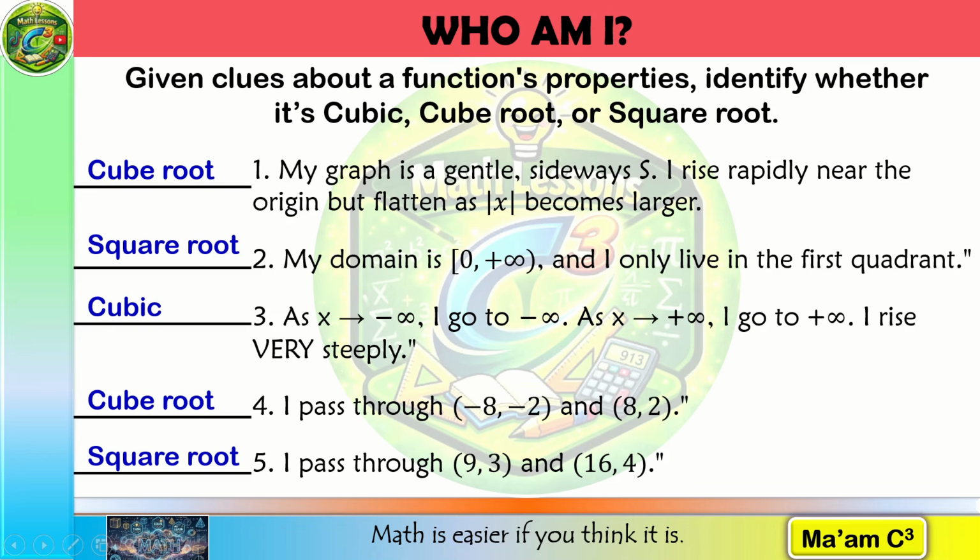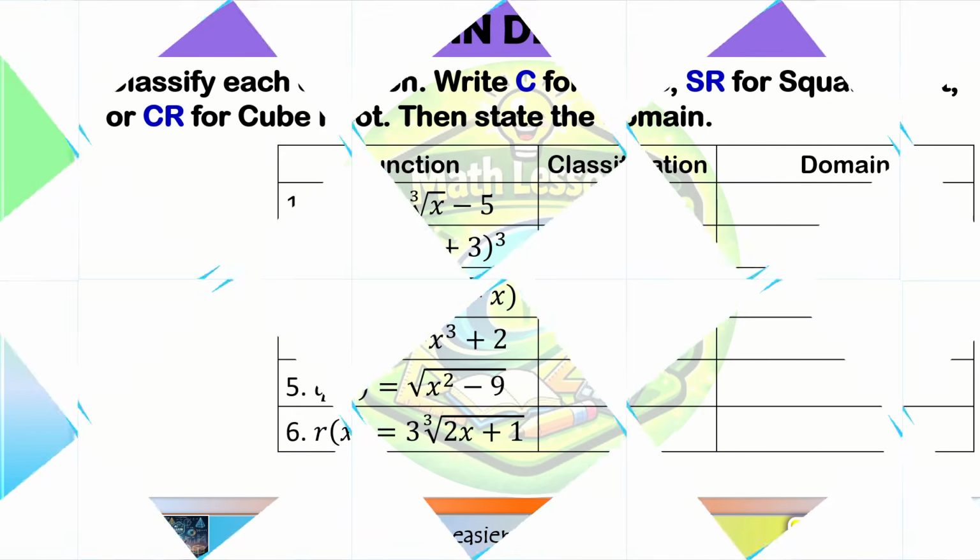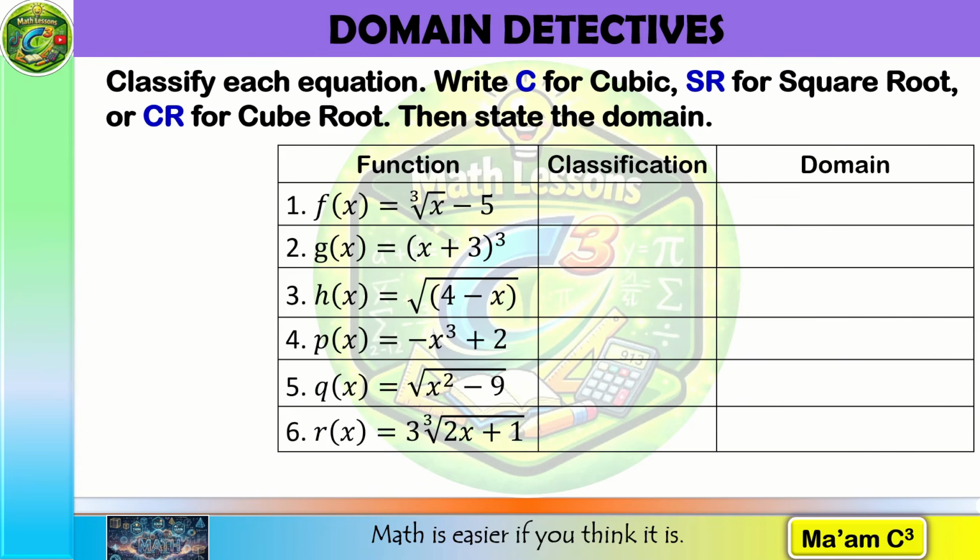The key is not memorization alone. Use the domain, symmetry, points, and graph shape as evidence. Let's have another activity, domain detectives. Classify each equation, write C for cubic, SR for square root, or CR for cube root. Then state the domain. Number 1, this is cube root.